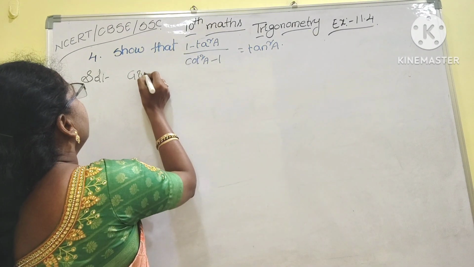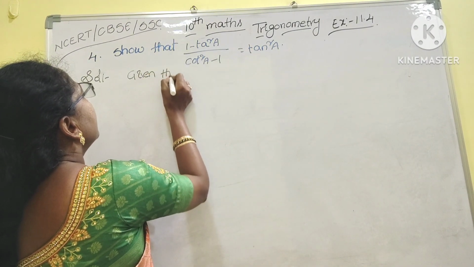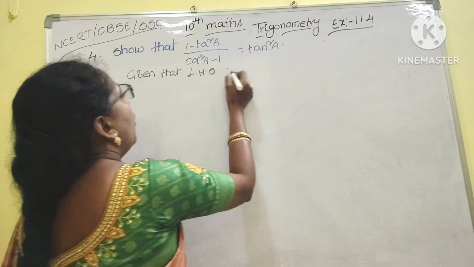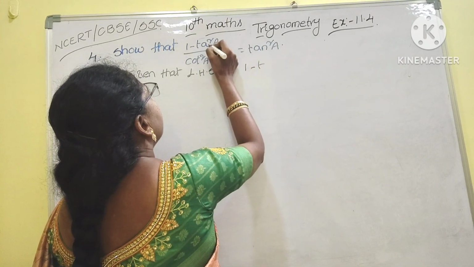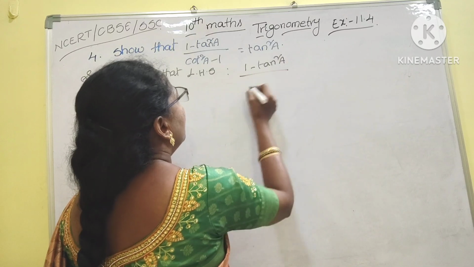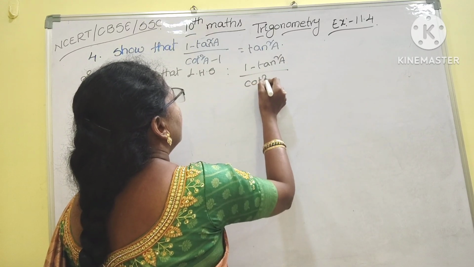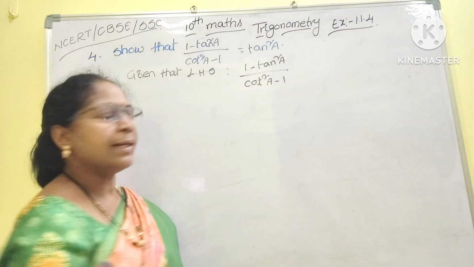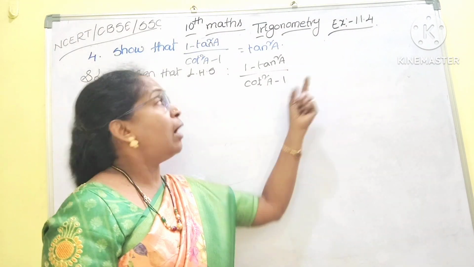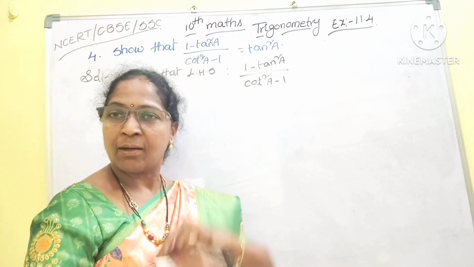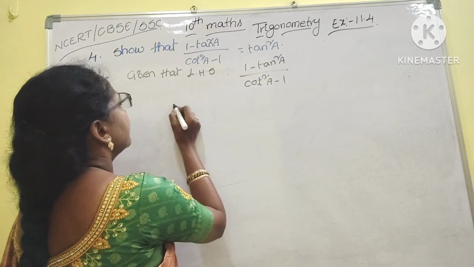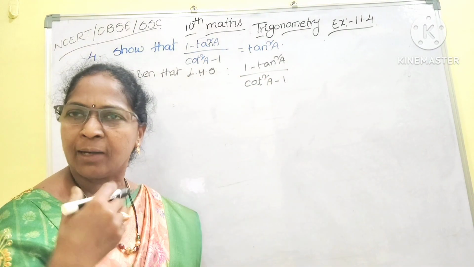Given LHS is 1 minus tan square A by cot square A minus 1. Consider this value and show that it equals tan square A.